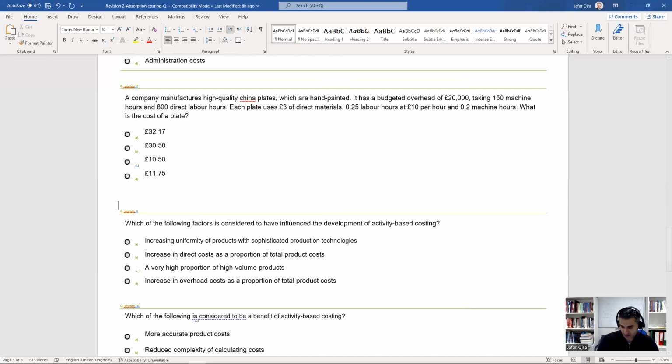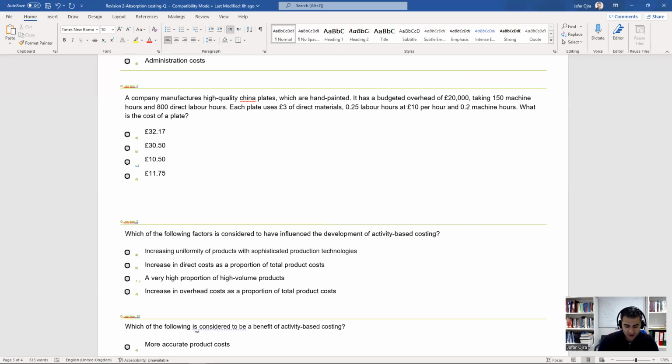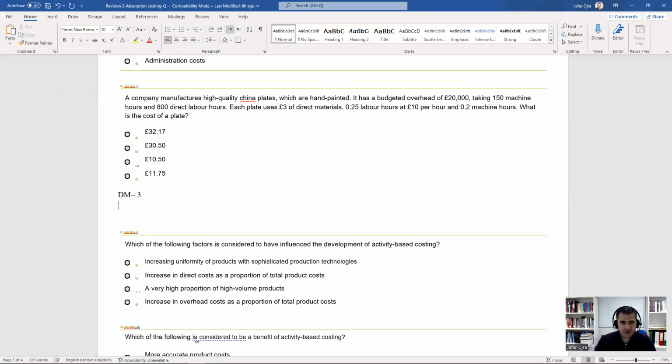Let's have a look, guys. We have direct material. How much? The question just tells you £3. There is no issue about it. Direct labor: how much? Direct labor is £10 per hour, and each unit takes 0.25.